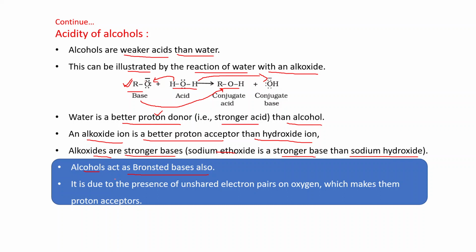Why? Because of the presence of unshared electron pairs on oxygen, which makes them proton acceptors. On the oxygen atom, two lone pairs of electrons are there, and that's why this oxygen can accept a proton, and alcohols may act as Bronsted bases also.